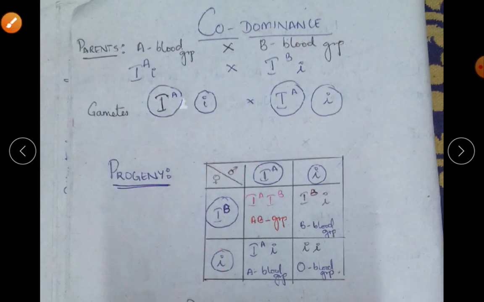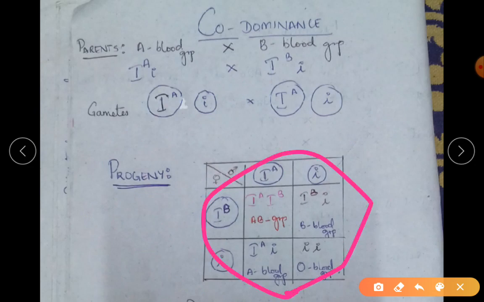This is how we say it. So the progeny can have the following percentage possibilities. This numerical value can be included in your exam. So don't leave it just as saying we got the progeny as all four blood groups, that is AB, A, B and O.